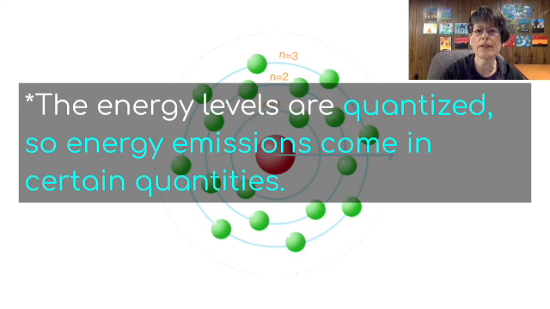And there are those lines on there, and they always happen at the same point. So that's why it is quantized. You didn't see the whole color of the rainbow coming out. It was just in certain spots. And that corresponds to these different energy levels that the electrons are falling down from.